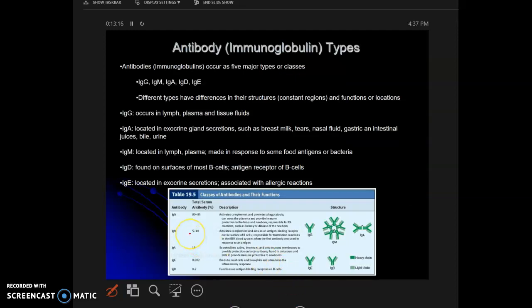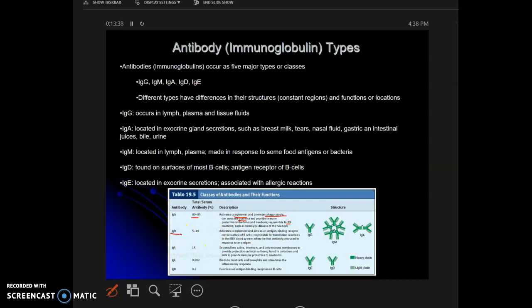There is the IgG. IgG is the one which is the maximum in amount. And here what happens is these activate the complement system, promote phagocytosis, and they can cross over the placenta. Keep this in mind. They're also important for the Rh reaction, right?